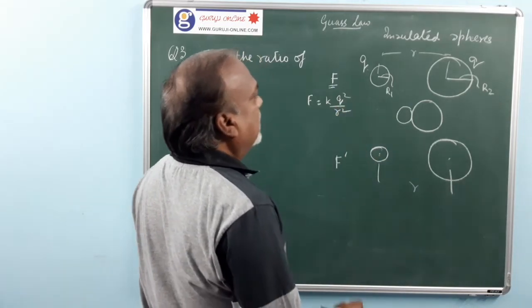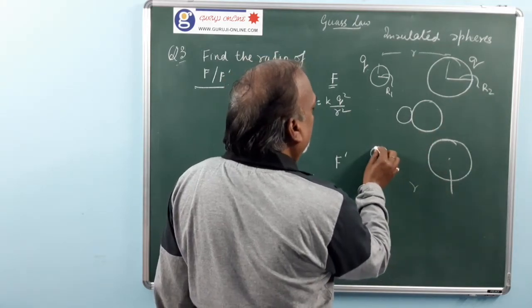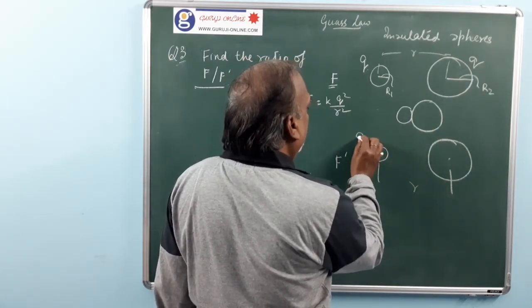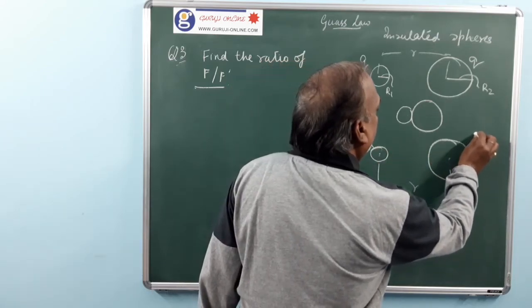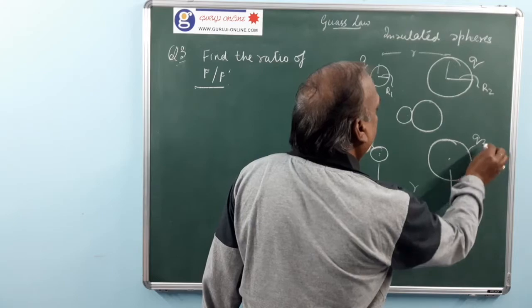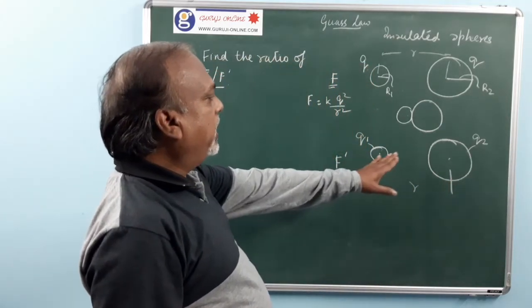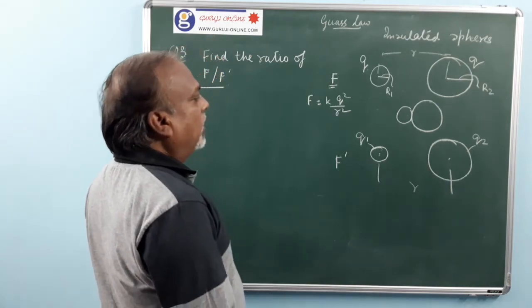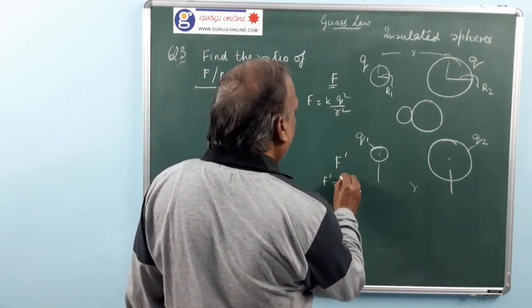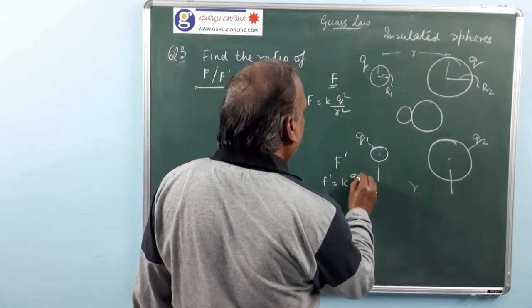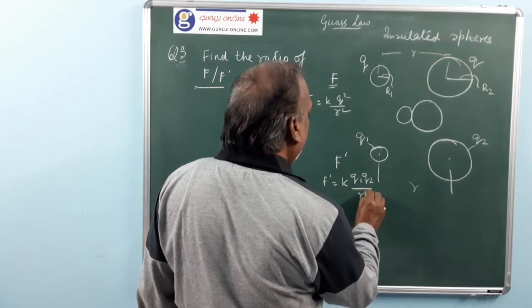But now, since they are touched, suppose after touching their charges are Q1 and Q2, then naturally F dash will be K Q1 Q2 upon R square.